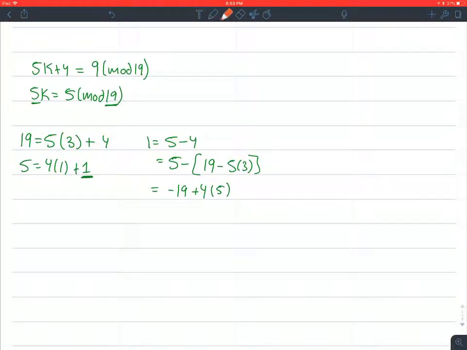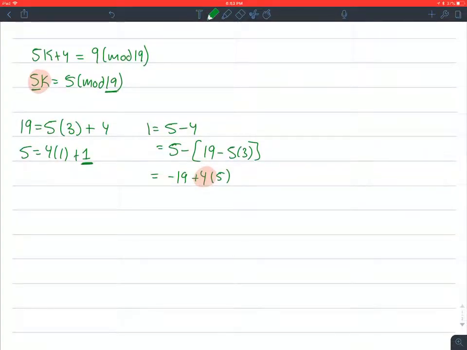Now we see that I care about this coefficient of 4, because we want whatever is going to make the 5k go away, and we want to know what the inverse is. So the inverse of 5 is 4 in mod 19. So now we have k equals 4 times 5, which is 20, so 20 mod 19.